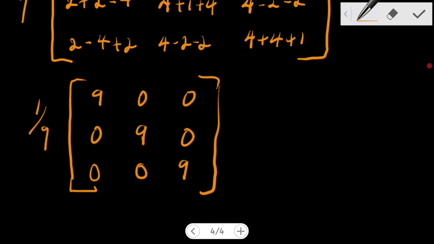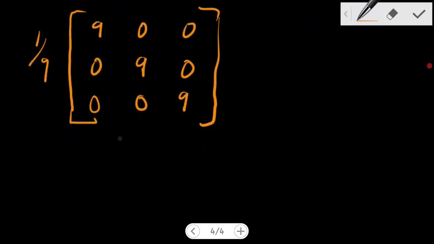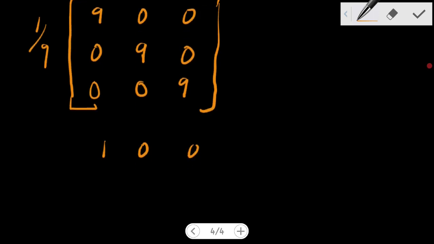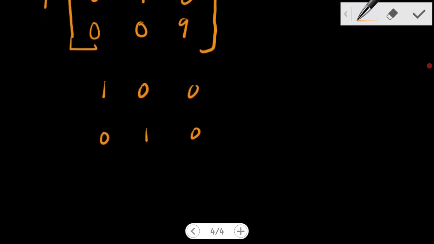Now let's make the 1 out of 9 go in. If I multiply throughout, I'm going to have 1 0 0, and also 0 1 0, and also 0 0 1.